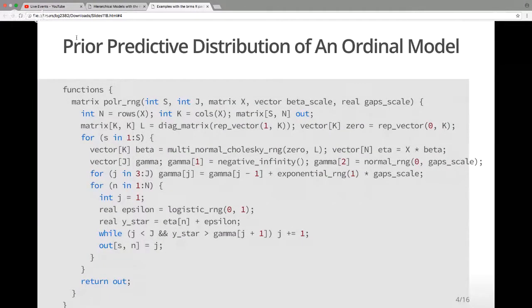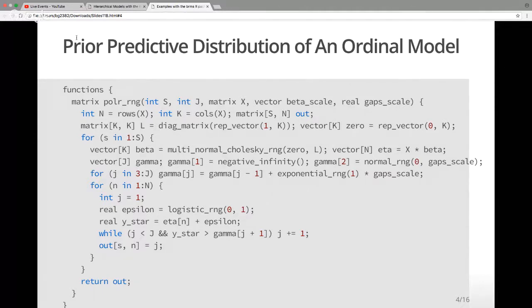So we start off by pulling out N, which is the number of rows in X, and K, which is the number of columns in X, and setting up a matrix that's S by N to hold our prior predictions, given X. I'm also going to create L, which is a Cholesky factor, but in this case it's just a diagonal matrix that's going to be going into my normal prior on the coefficients.